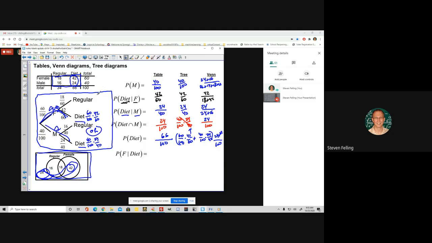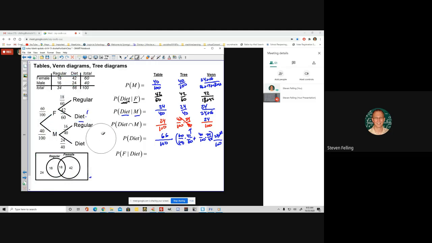Okay, we're going to do another conditional probability, but this time it's going to be the reverse of one we've already found. On this one, we're trying to find the probability of being a female given diet, and we already found the probability of diet given female, but we know that this matters, right? So for example, on the tree, to find the probability of diet given female, if you're already here on the tree, then the probability is just 42 out of 60 of taking that branch.